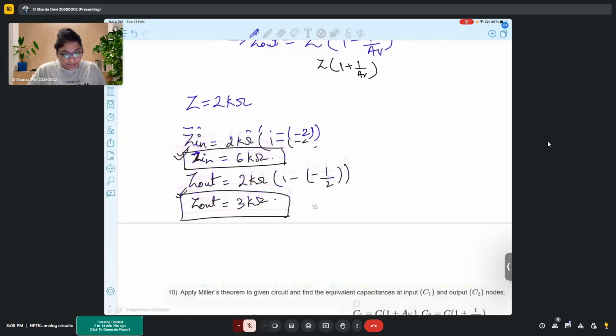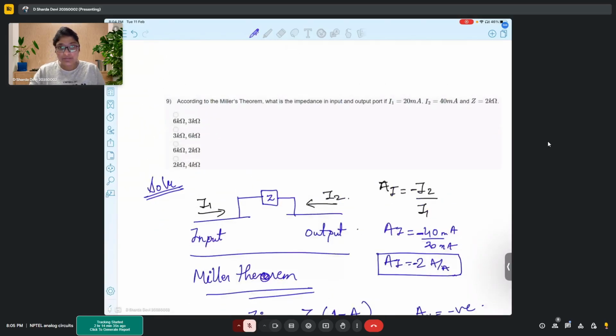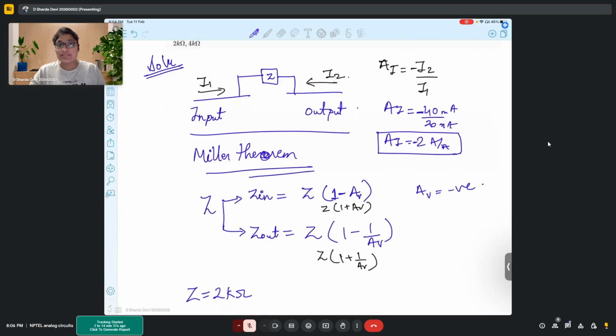Okay, so moving on to the next problem. Any doubts in this? No doubts, ma'am. Ma'am, in this Miller theorem, if the type of amplifier changes, then will the formula also change? No, most of the time we go with gain only, and the formula remains the same.